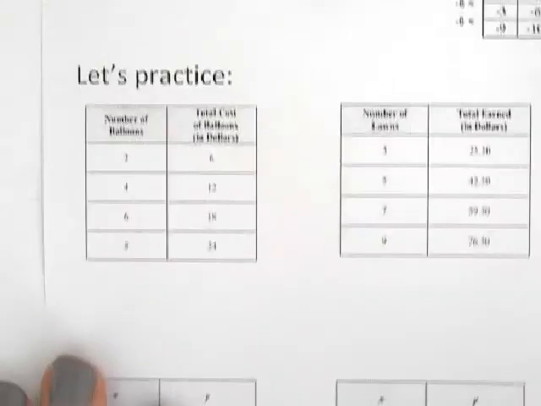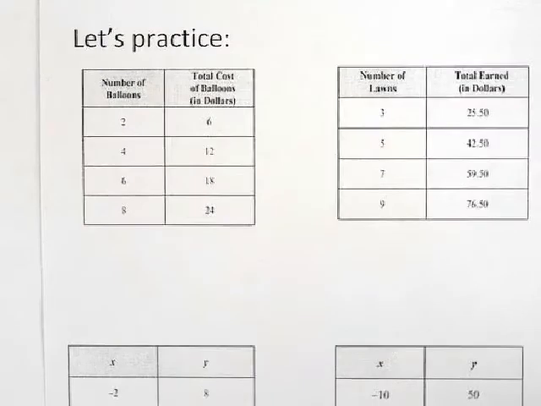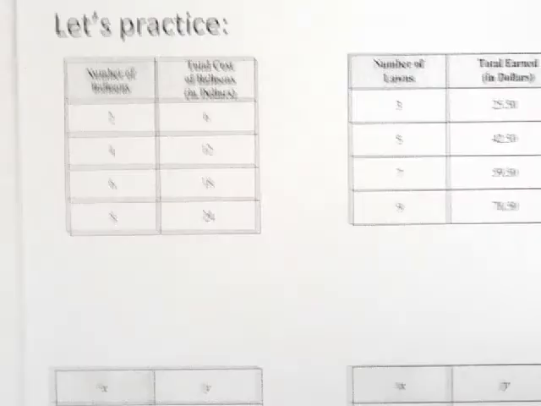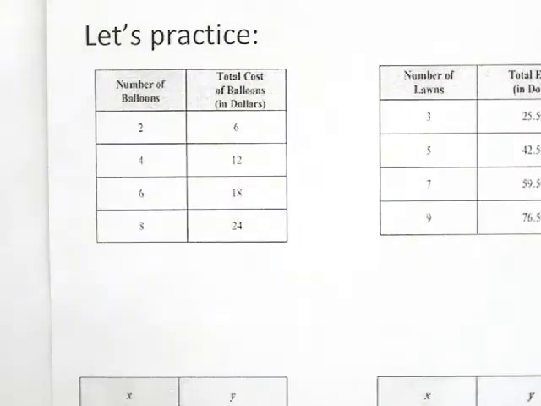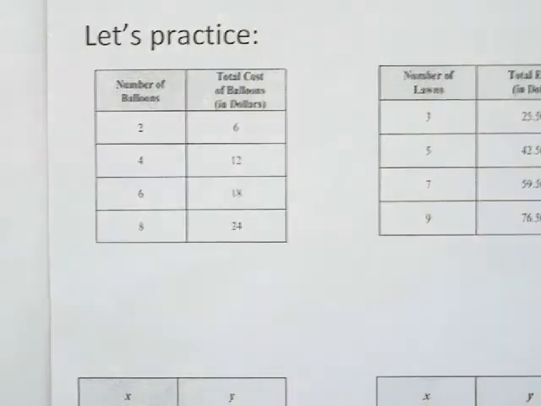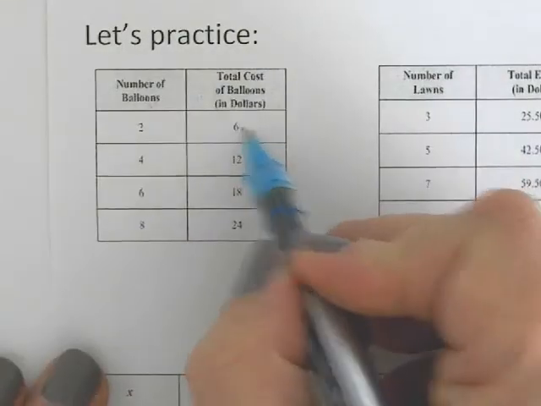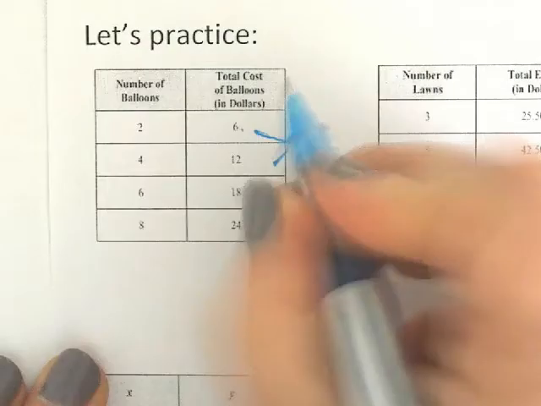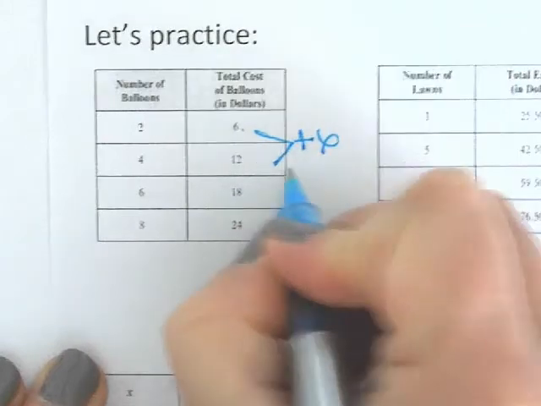Okay, so let's do some practice. And yes, I know some of these numbers are sort of small on here. So on the first one, remember it's the change in y over the change in x. I'm looking at my y values. What's the difference there? Plus 6. So I'm going to write plus 6.